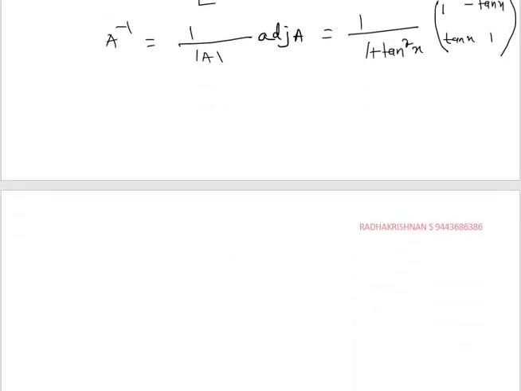Therefore, multiply these two. A transpose into A inverse I should multiply. First write A transpose, then we can multiply. See, this is A transpose, [1 minus tan x; tan x 1], understood. And A inverse is what? Here we have it in the previous step.